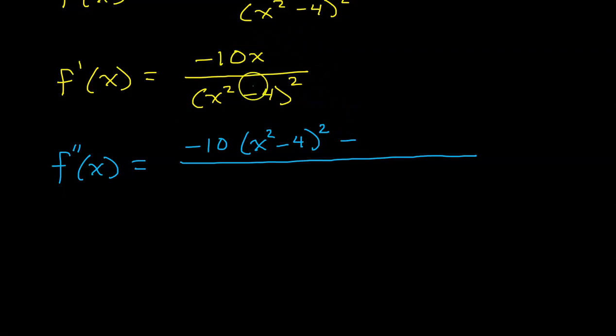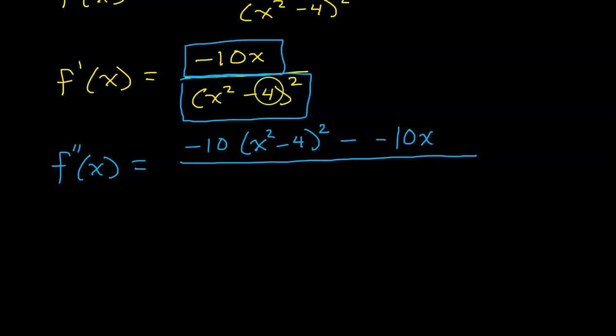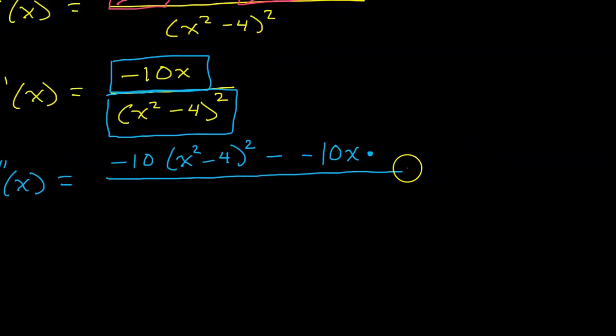All right, next we take the top function unchanged. So I'm just going to have my negative 10x, and we multiply that times the derivative of the bottom function. So this is going to have to be the chain rule, so just emotionally prepare yourself for that, and make more space for that.